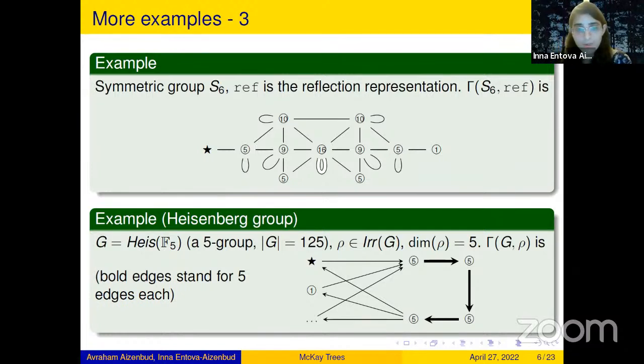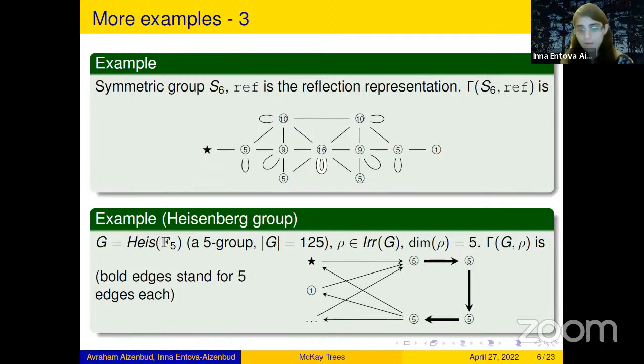And here is one more example of a graph which is not simply laced, so the multiplicities are not 1. If we take the affine general linear group for the field F5, then we can consider the irreducible representations. There will be 4 irreducible representations of dimension 5 and 25 irreducible representations of dimension 1.